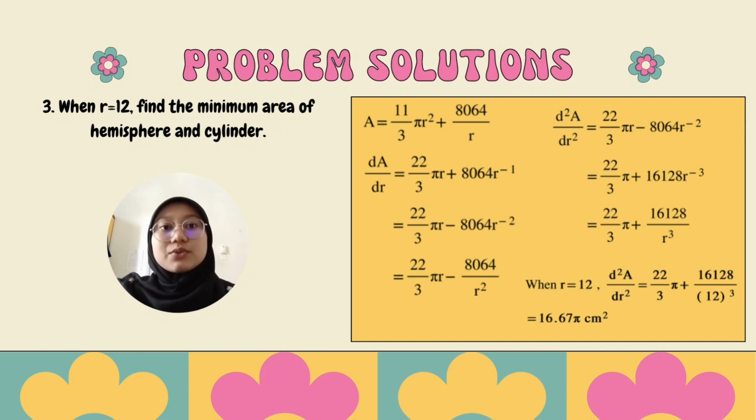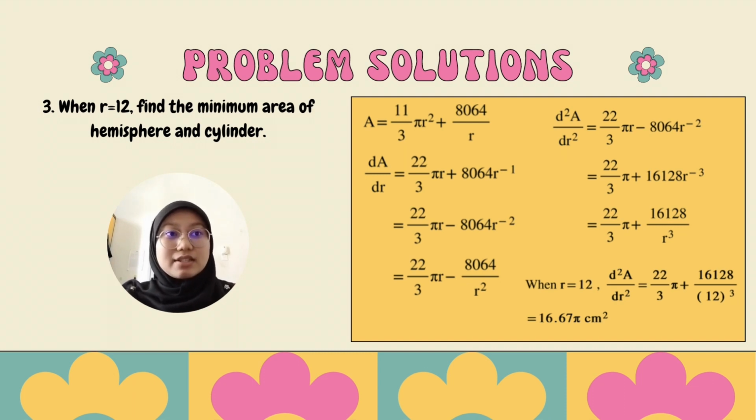3. When r equals 12, find the minimum area of the hemisphere and cylinder. A equals 11 pi r squared over 3 plus 8064 over r. dA over dr equals 22 pi r over 3 plus 8064 r to the power of negative 1, equals 22 pi r over 3 minus 8064 r to the power of negative 2, equals 22 pi r over 3 minus 8064 over r squared.